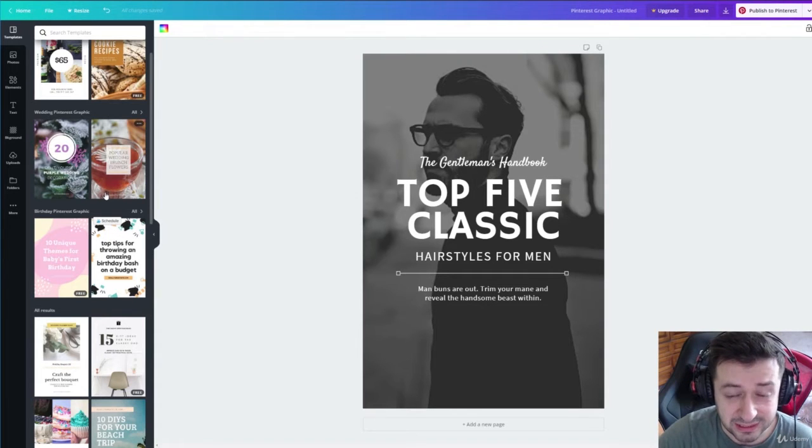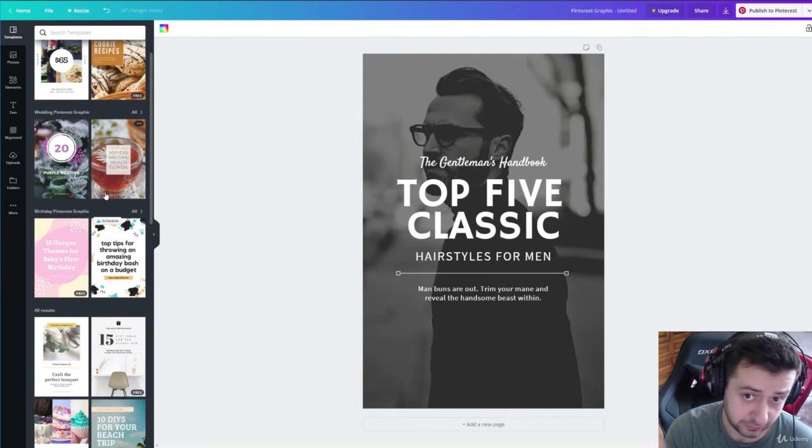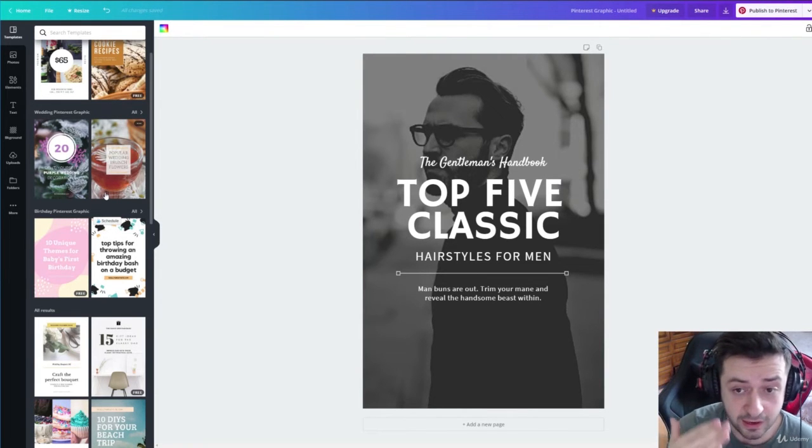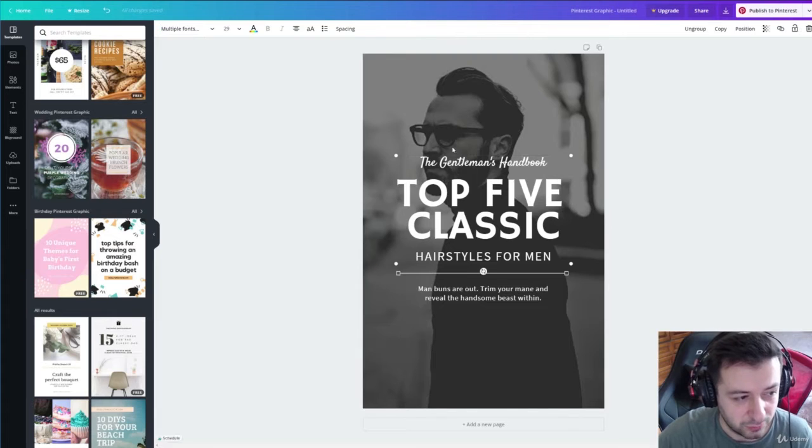That is because Canva will help you to understand how actual pins should look. You would understand this from the Pinterest website as well, but here you understand how you can actually create pins like this one right here. You can see that this is a different font, this is a different font, this is a different font, and this is a different font.